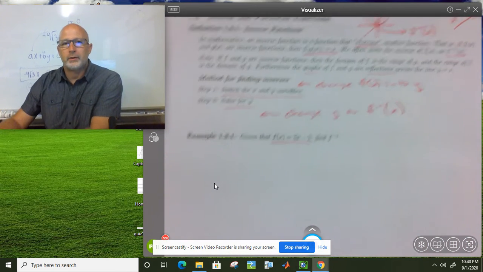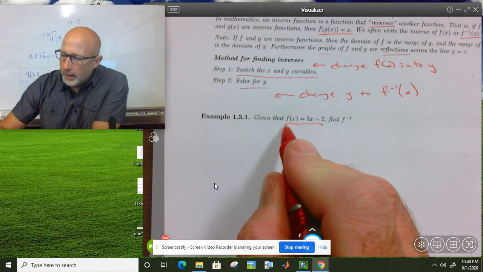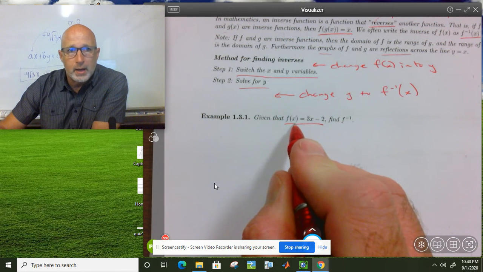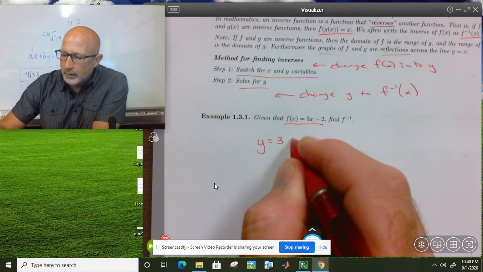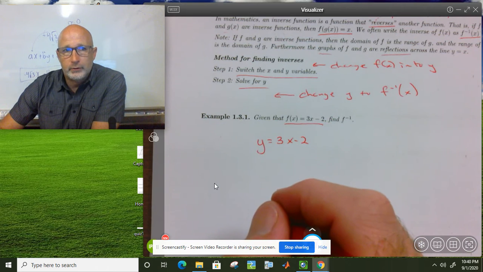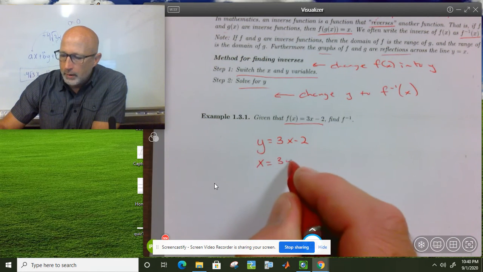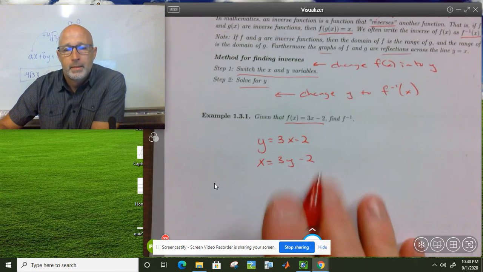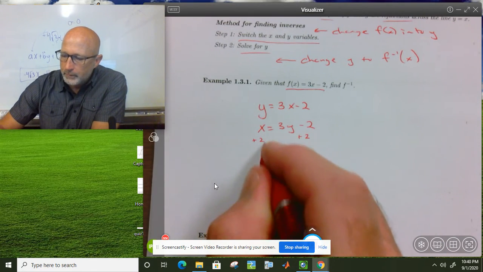Okay, so what does all this mean? Here we go. Instead of writing f of x, I'm going to write it with a y. So I have y is equal to 3x minus 2. Now switch the x and the y. So x is equal to 3y minus 2. And then we just solve for y. I'm going to add 2 to both sides.